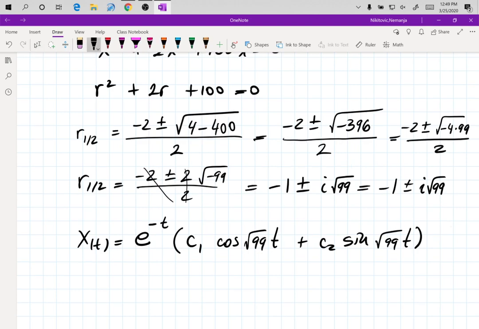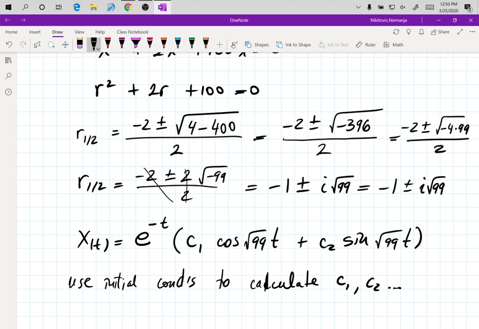Then use initial conditions to calculate C1, C2, and so on.